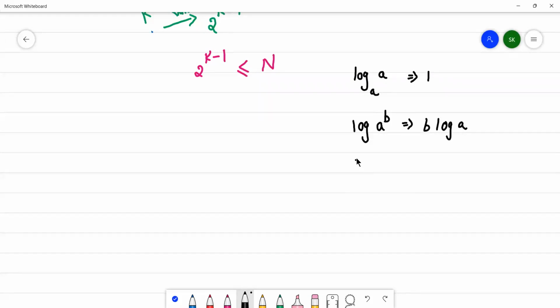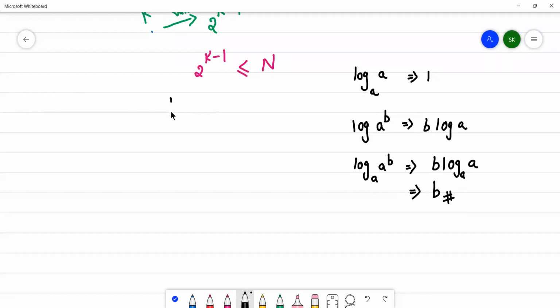So if I give you the term log base A of A to the power B, can you tell me the result? I'll write the entire way to write it like this. And you know that log A and A will cancel out. Ultimately, the result will be B. Clear?